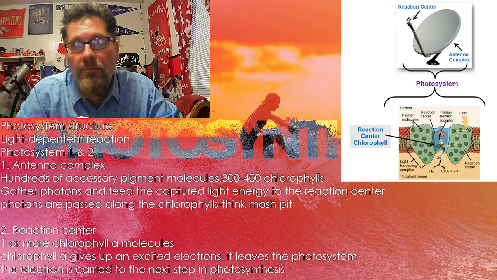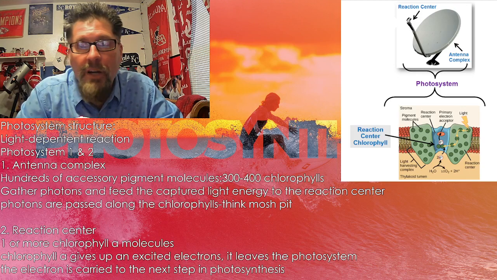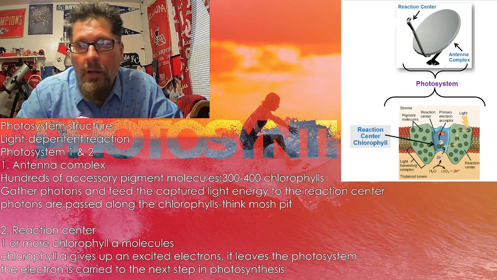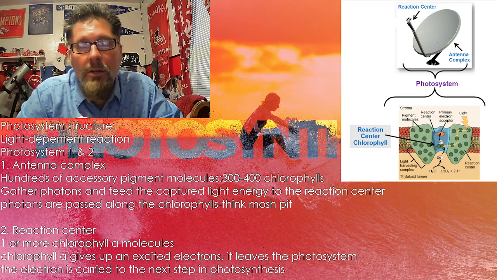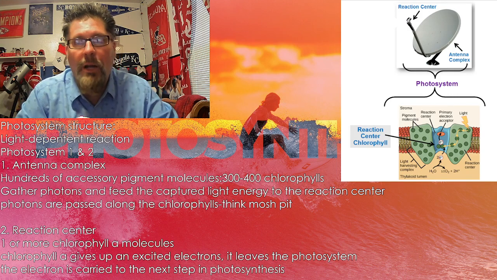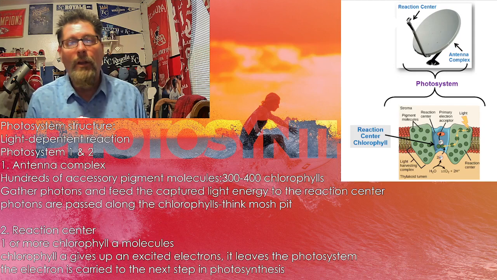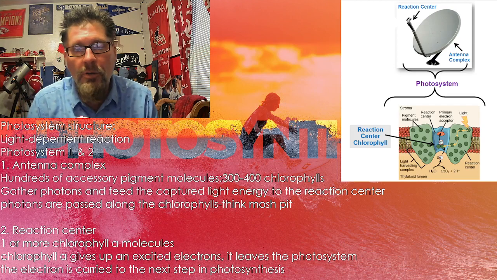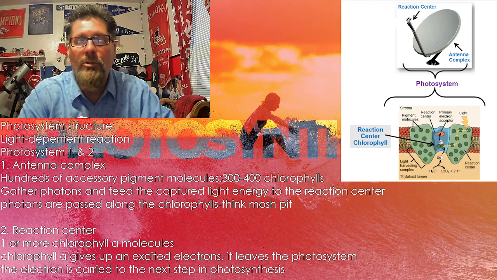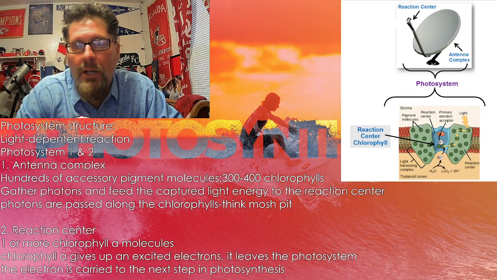Well, the photosystems work in a very similar manner. You've got the antenna complex, the area that receives the light energy from the sun and absorbs it. Then it funnels it down to the reaction center, where that energy is used to energize the electron.